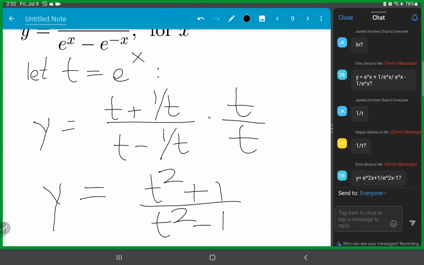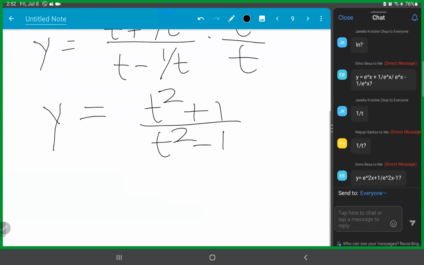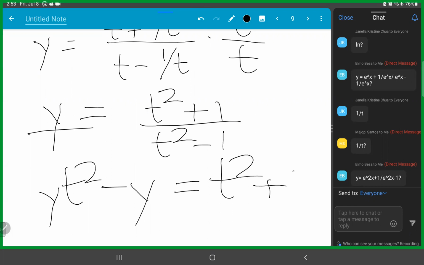And then much simpler. And then you cross multiply. So y times t squared minus y, then this 1 equals t squared plus 1.